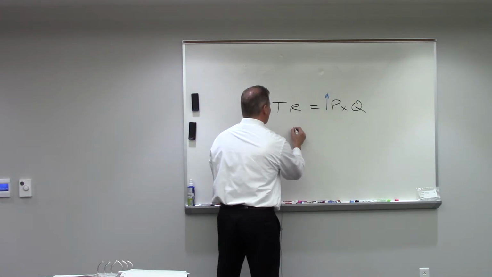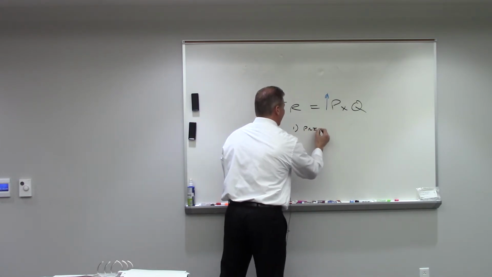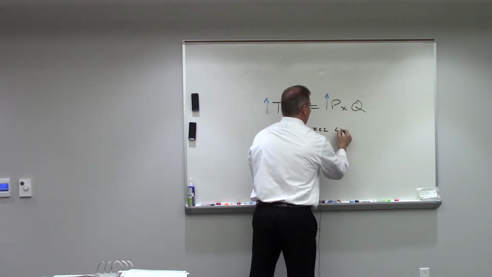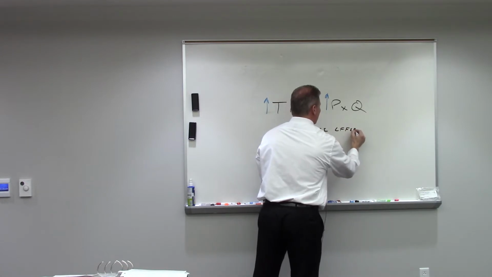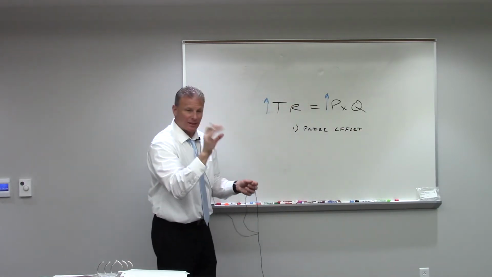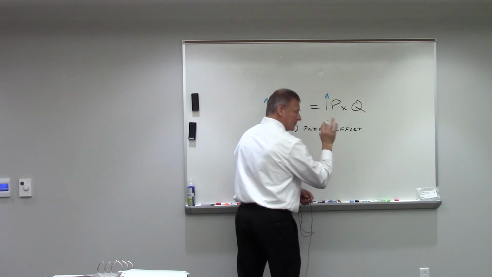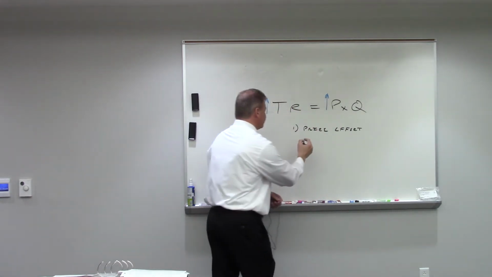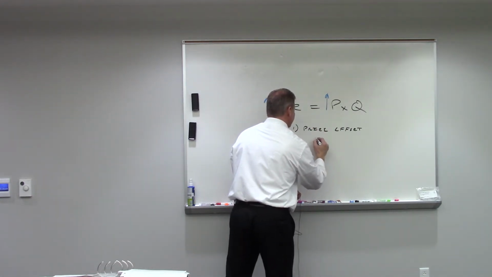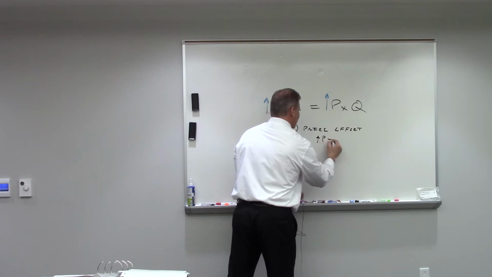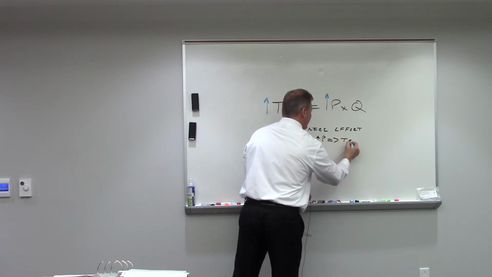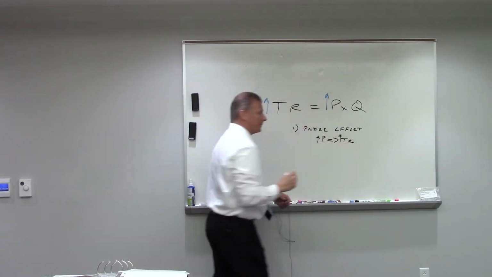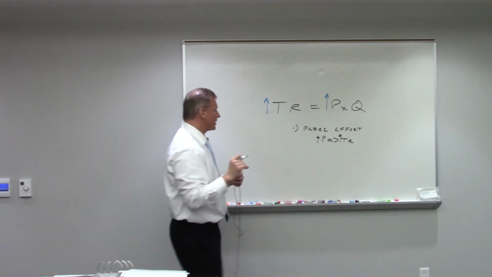There are two effects. The first is a price effect, which we've already identified, but I'm going to say a couple of things. Number one, as price goes up, total revenue is going to go up. You already know that.